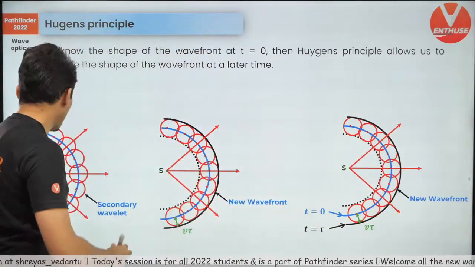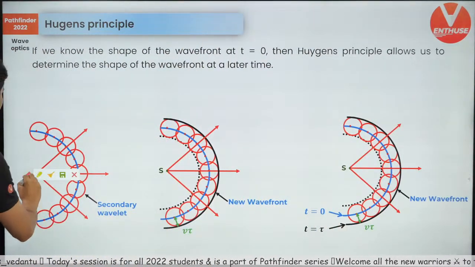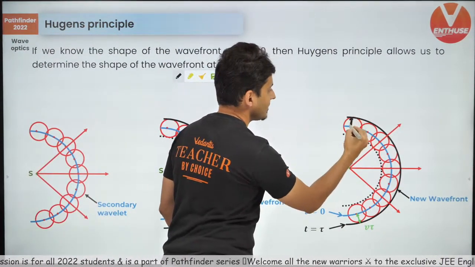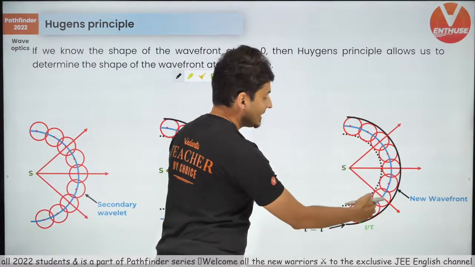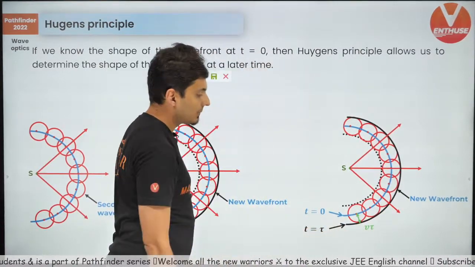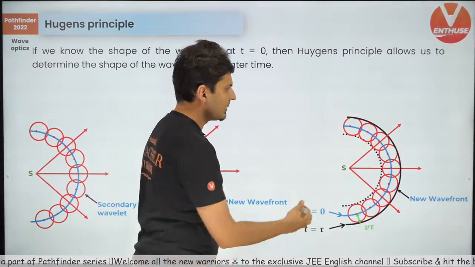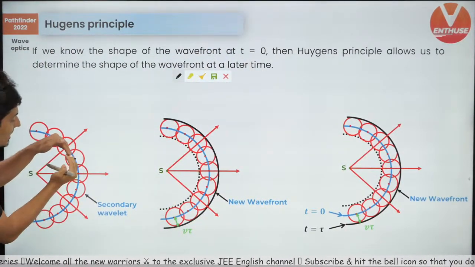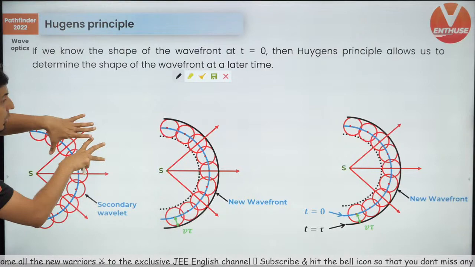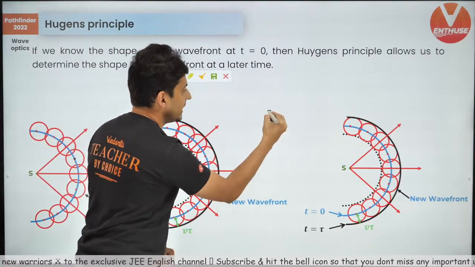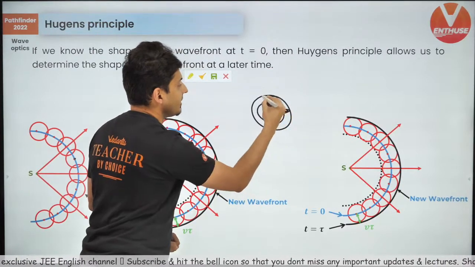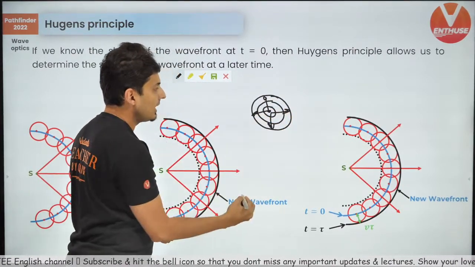Remember one thing, the size of this secondary wavefront will be nothing but V into T. What is V and what is T? See, this point acted like a source. It created a wavefront which grew in size. So there were rays of light traveling in all directions.